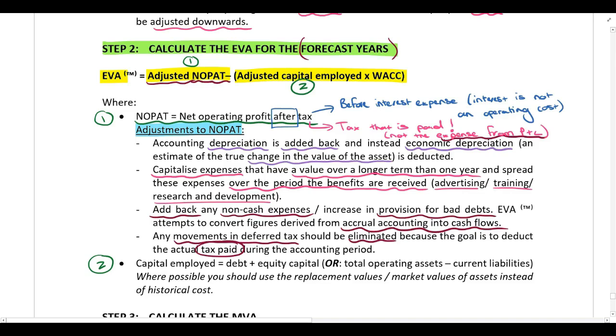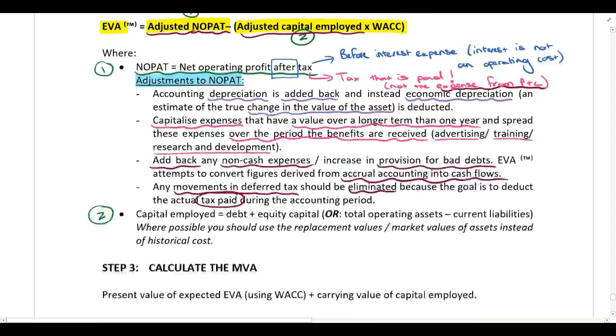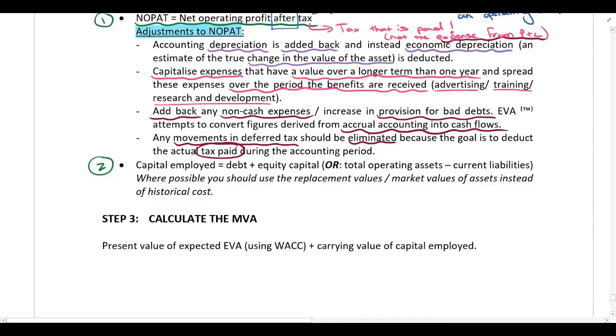We now need to calculate our adjusted capital employed. And please note, capital employed is either the value of debt plus equity, or you can take your operating assets and deduct your current liabilities. Whichever way you perform the calculation, you should get exactly the same answer because that's why our statement of financial position balances.